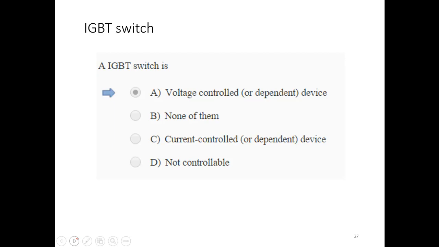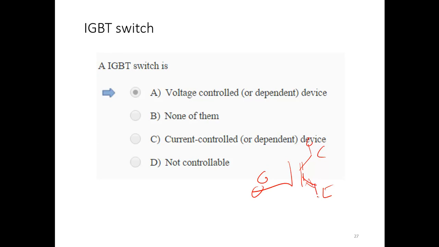And if you have an IGBT switch, what is an IGBT switch? IGBT is a blend of what we talked about before, a bipolar and a MOSFET. You have a collector, emitter, and a gate.